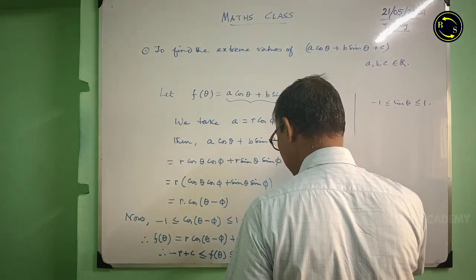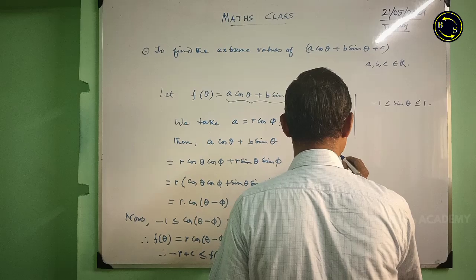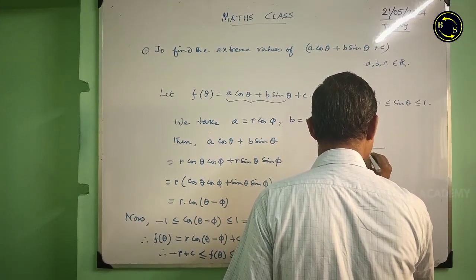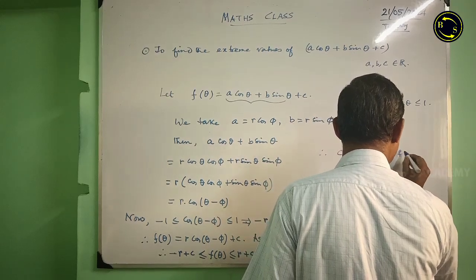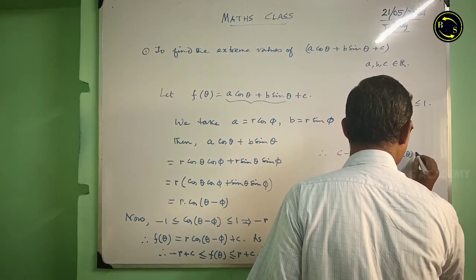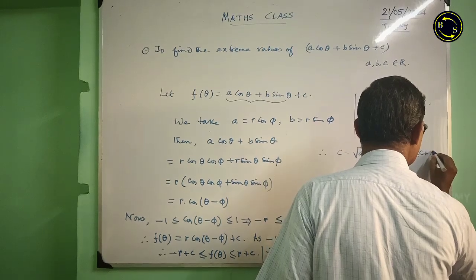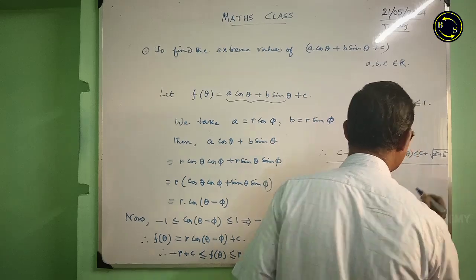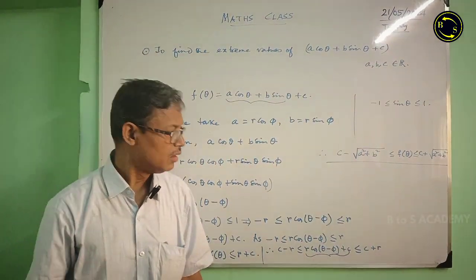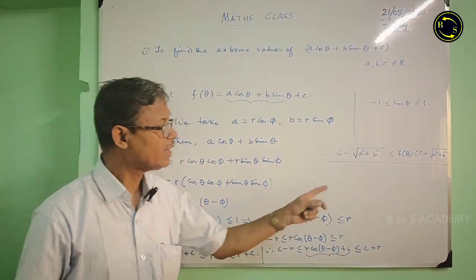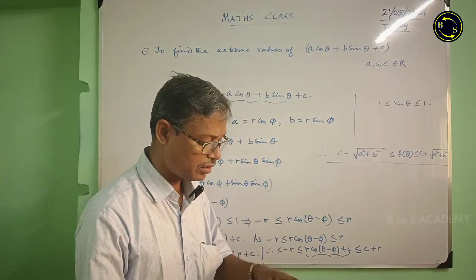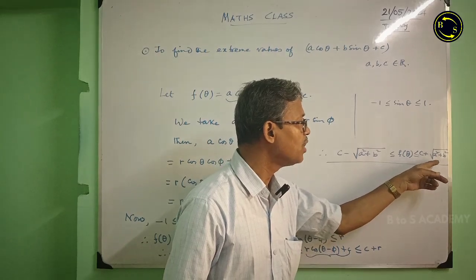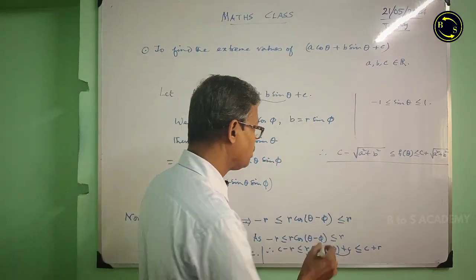Now, putting the value of r, we get c minus root over a square plus b square less than or equal to f theta less than or equal to c plus root over a square plus b square.